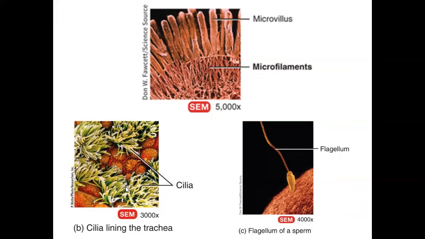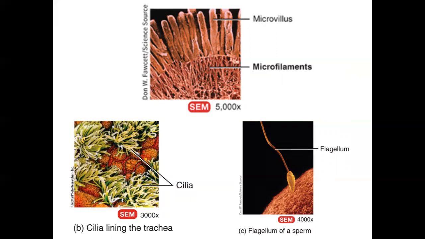So the cells that have cilia that line our trachea are going to push that mucus upward back into our throat, where we can either cough it up, spit it out, or what we do more of actually is dump it into our esophagus to be carried to our stomach for digestion. So we're actually digesting dirty mucus all the time, but it's really beneficial and a really natural thing. It just sounds kind of gross.